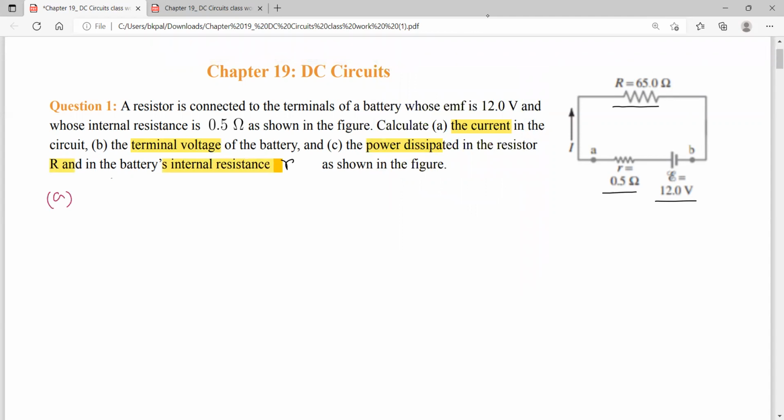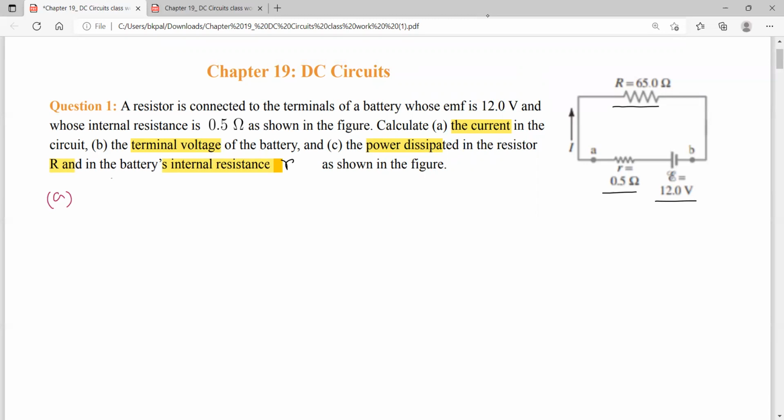So you can solve this problem in many different ways. I'm solving in one way, but it doesn't mean that you have to follow this. You can solve it in any way. So here we are given the resistance R and the internal resistance small r, and you see they are connected in series.